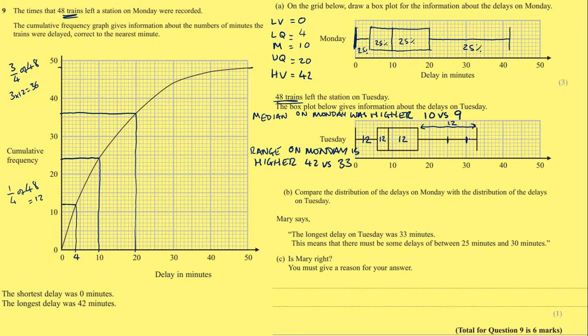It could be that all 12 of them were in this bit here. It could be that just that one was there and 11 of them were in that section there. There might not have been any delays between 25 and 30. So is Mary right? Not necessarily. She might be. When you're spelling that, one collar, two sleeves, one C, two S's. Not necessarily.